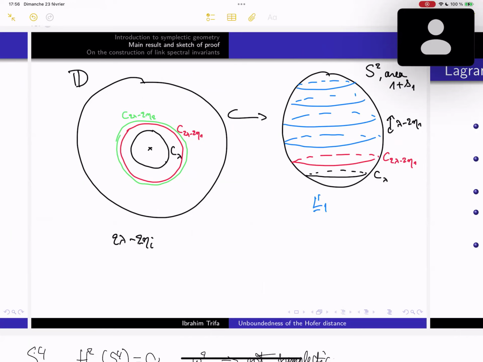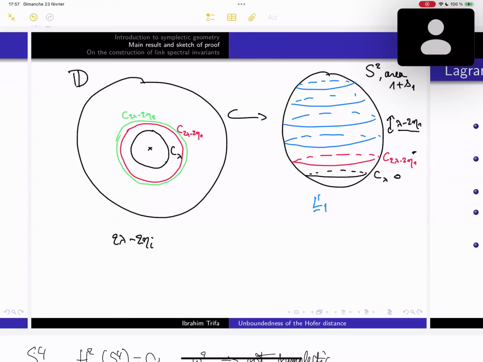Then you embed this picture into a sphere of area 1 plus Si, and you complete those two circles, C lambda here and C of 2 lambda minus 2 eta 1, into a link with k components. You space them so that each time the area between two of them is equal to lambda minus 2 eta 1.